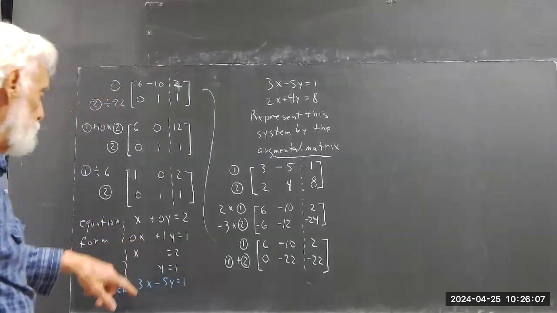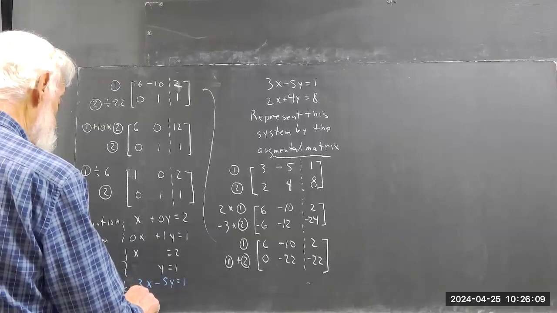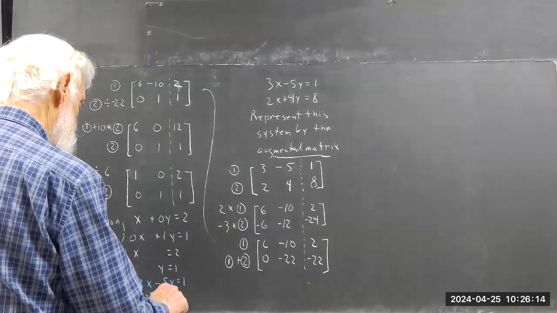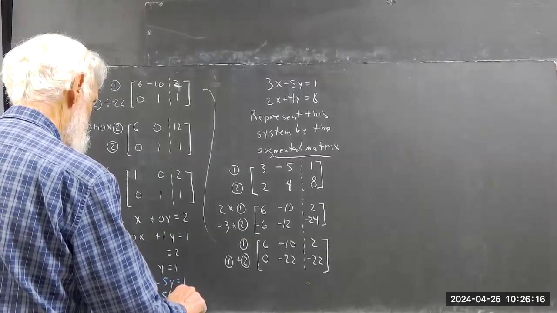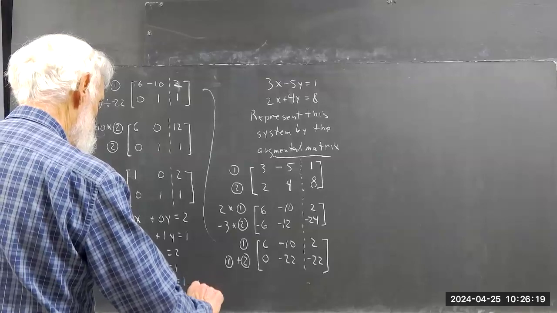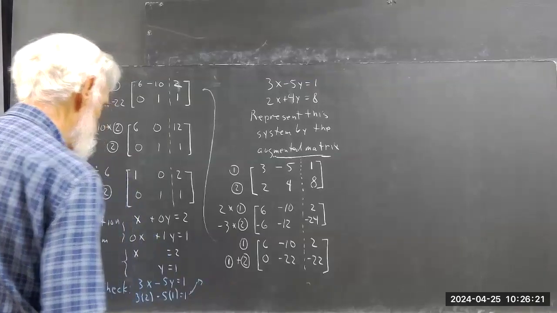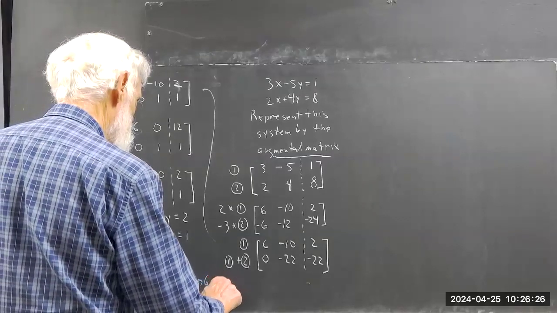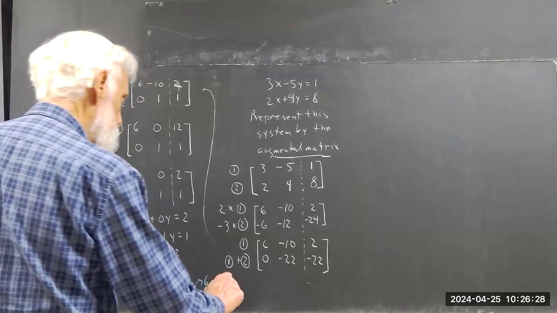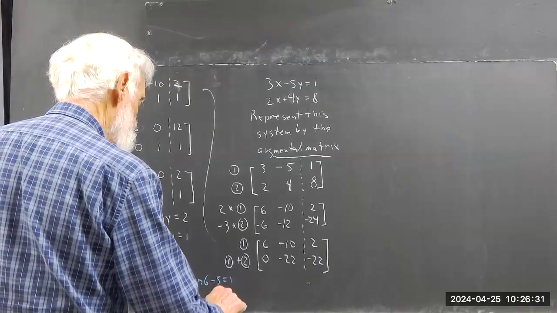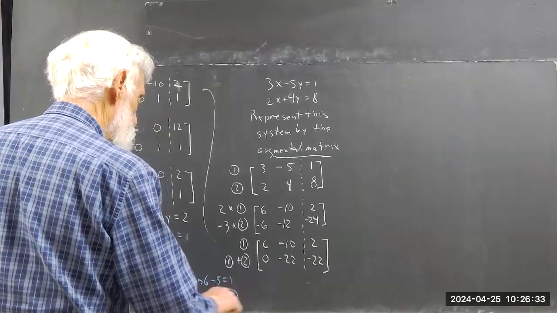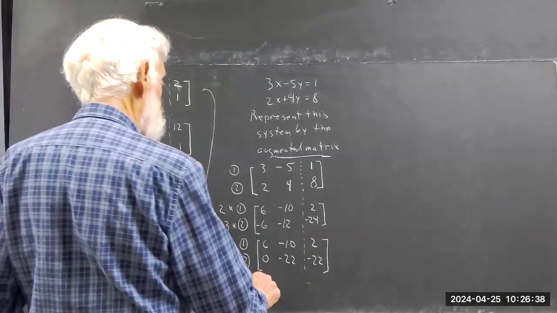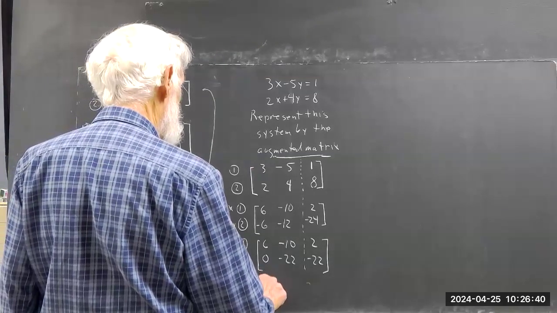We substitute 2 for x and 1 for y. Three times 2 is 6. 5 times 1 is 5. And that checks. We can do the other equation, we have to check them both.